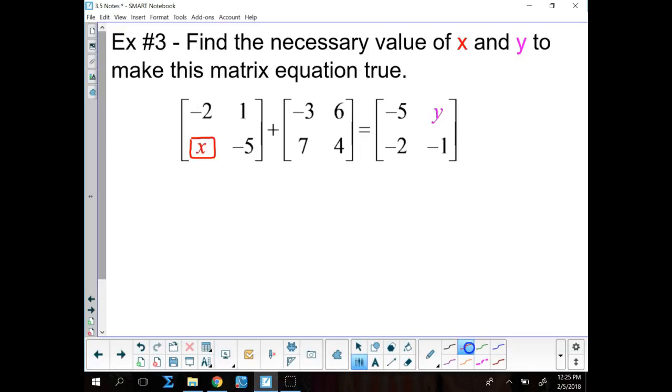Here is my other second row, first column. Here is my other second row, first column. So x plus 7 has to equal negative 2. What is x? Negative 9. So x here is negative 9.